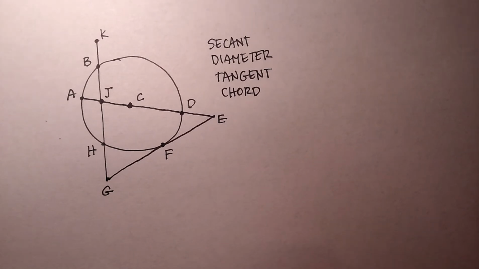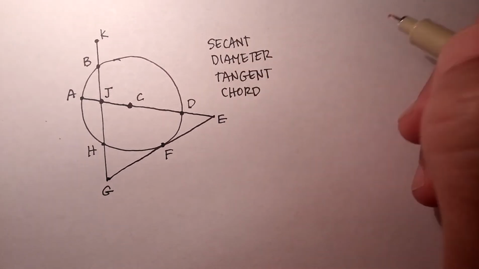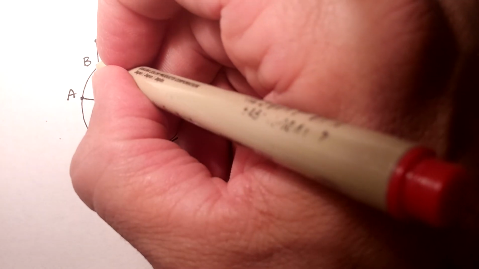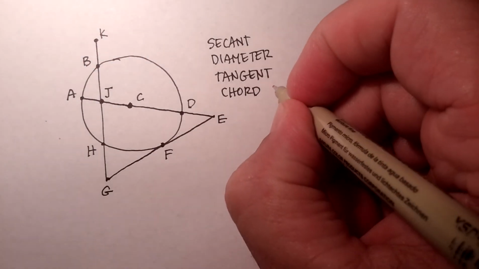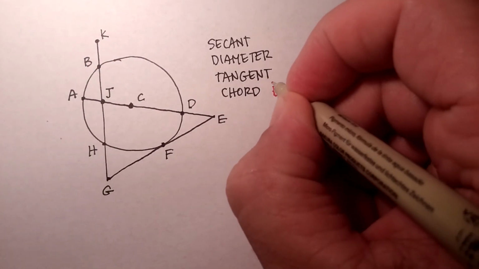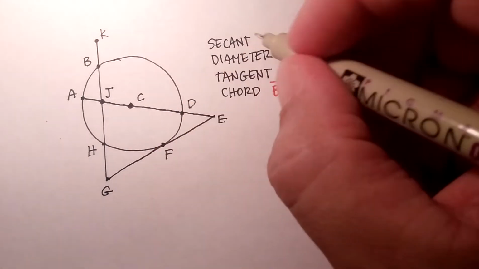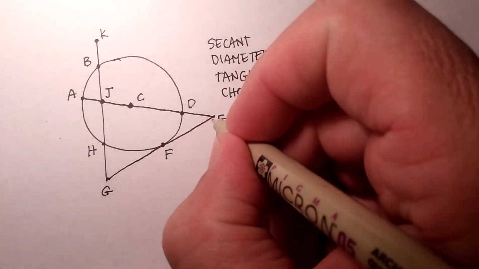So let's identify these. A secant. So which one would you say? Well, actually, let's do the chord first. Start at the bottom. A chord would be line segment BH. Remember how you do line segment. The tangent would be line segment GE.